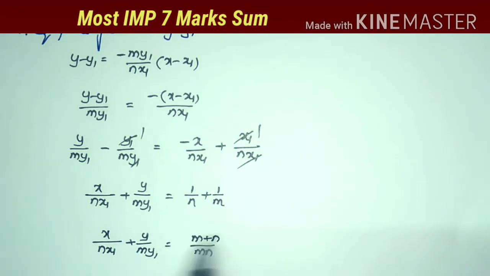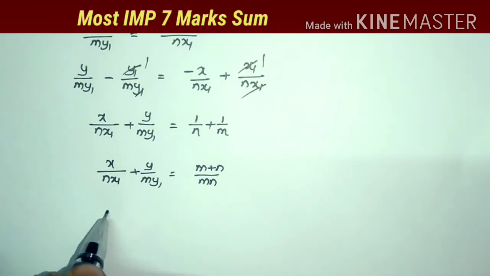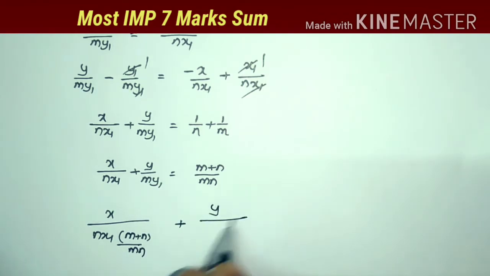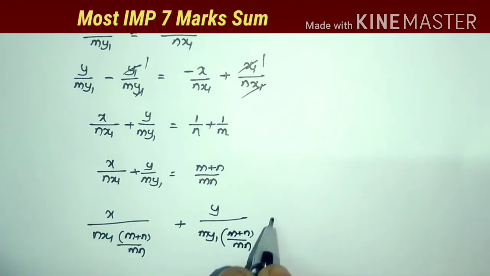Now, converting this line into intercept form, that is dividing the total equation by the constant value: x by nx1 into m plus n by mn plus y by my1 into m plus n by mn is equal to 1.